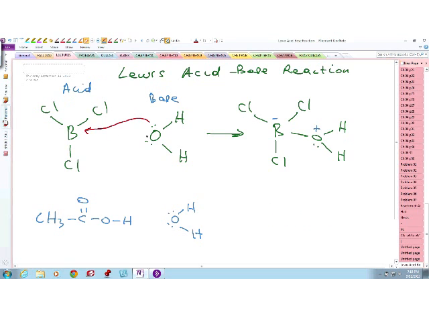What will happen here is that this could donate electrons to the proton from acetic acid, and this will release electrons to here, and then you end up with what we call hydronium ion.